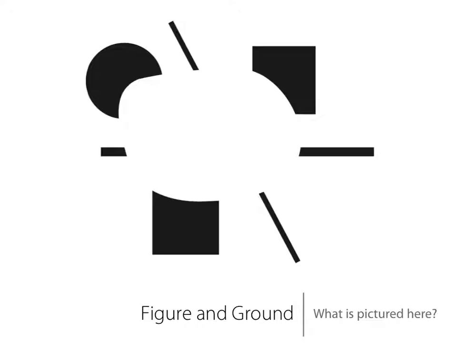Or conversely, do you not see that at all? You just see a series of these very odd shapes. A series of squares and rectangles with something bitten out of them. Do you see one line that's cut in the middle here, or do you see two lines? The continuity principle is really strong in helping us to understand figure and ground here.